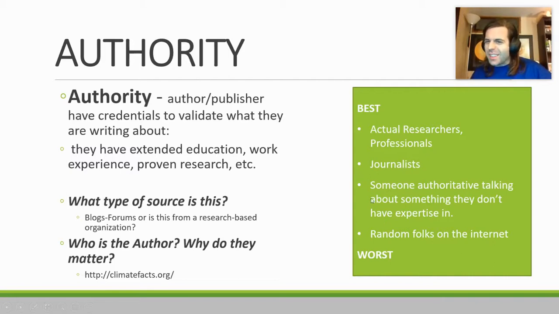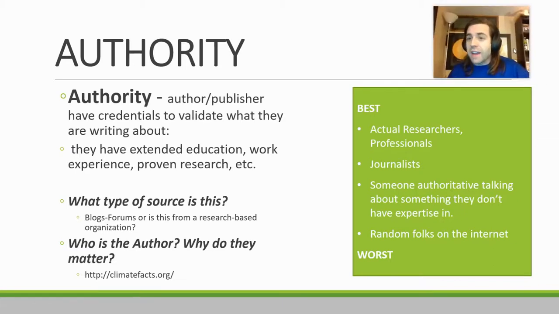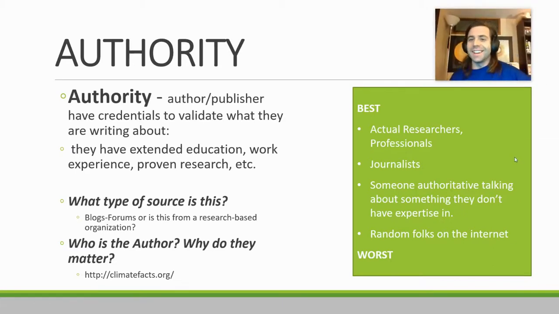Further down is someone who does have authority, but is not talking about something that they have expertise in. So like I could talk about economics and finance. I have some knowledge, not a lot. I think I'm better than some, but obviously that's not going to hold up all the time.